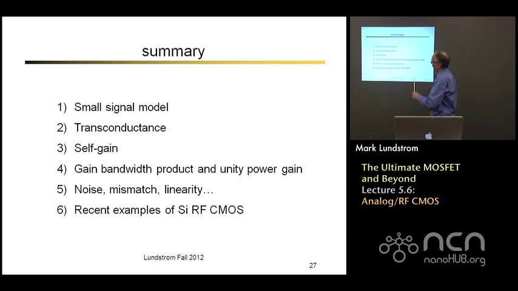The key parameter in that model is transconductance, which is a nice, easy to understand quantity. Self-gain is also a key figure of merit. It depends on the slope of the output characteristic and sometimes forces designers not to use the shortest channel length. The gain bandwidth product, F sub T, and the unity power gain, fMAX, these are two very important figures of merit that tell us how high in frequency we can use these devices in circuits.